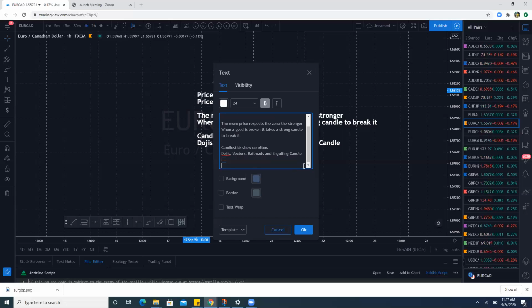And then the idea of zone to zone trading is trading with the trend on breaks and retest of the zone.